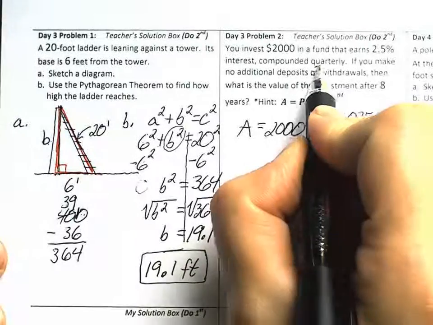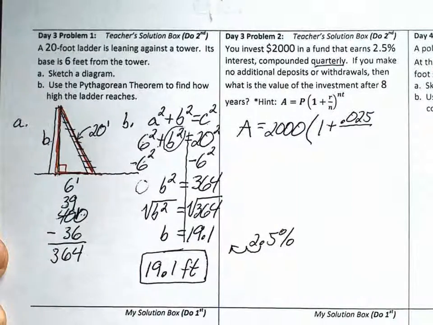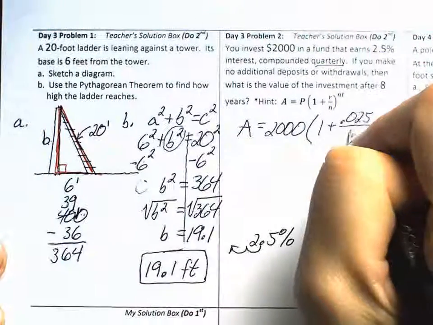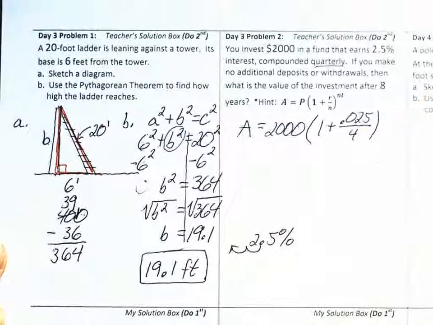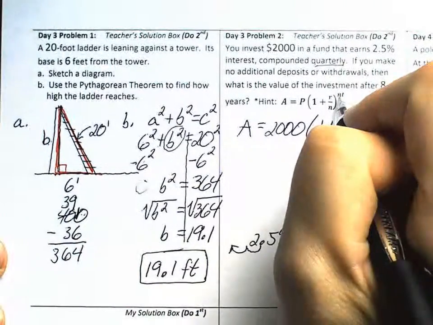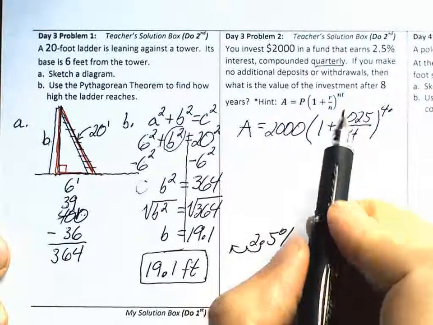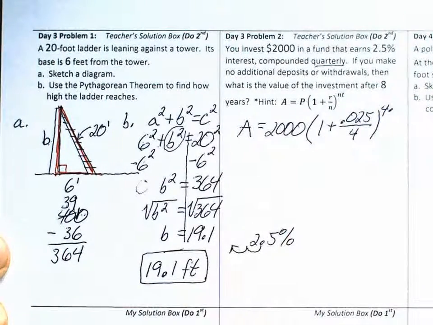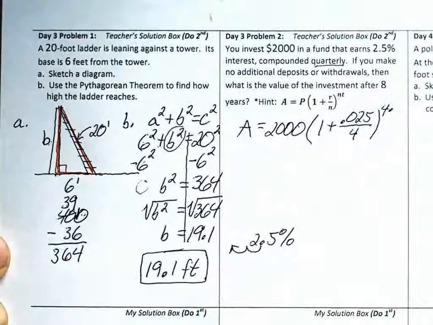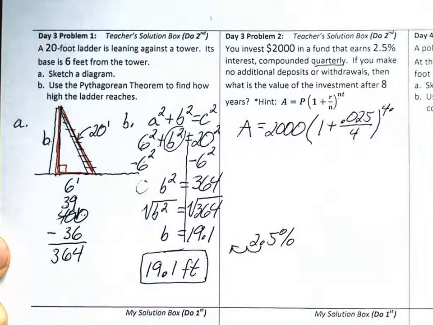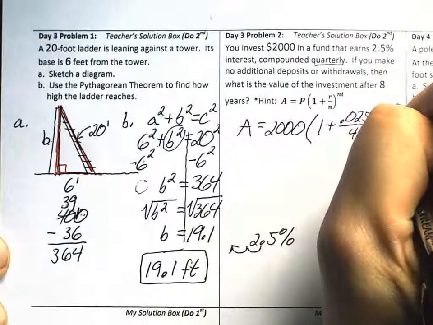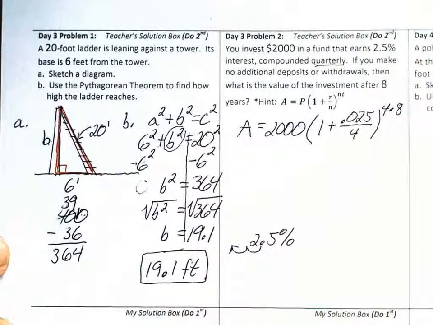We're told it's compounded quarterly, and the word quarterly means 4 times per year. Now the exponent. The letter n is also in the exponent, so 4 times. And now the variable t, which means the time in years that we're investing our money. We're told 8 years, and so an 8 gets filled in for t.